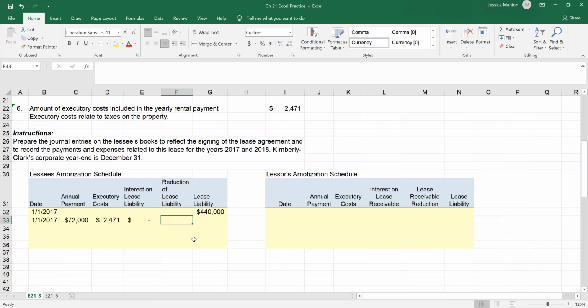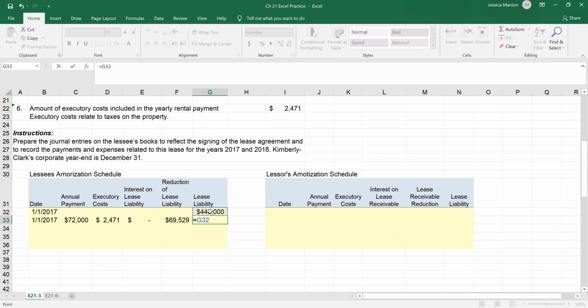We have not incurred any interest on the lease yet. Our reduction of the lease liability is that annual payment minus the executory cost, so 69,529. And then that lease liability would be down to 440,000 minus 69,529.